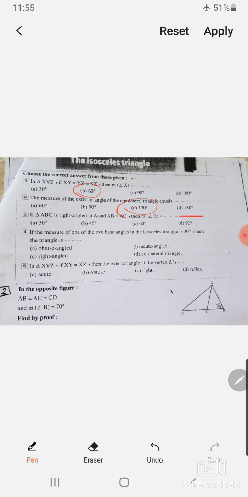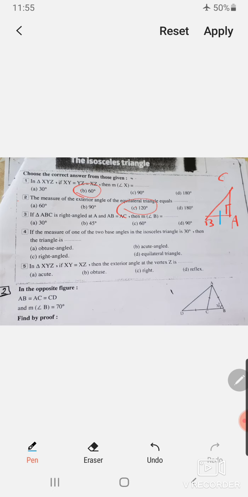In triangle ABC, there is a right angle. I must draw it. Triangle ABC, measure angle A equals 90.